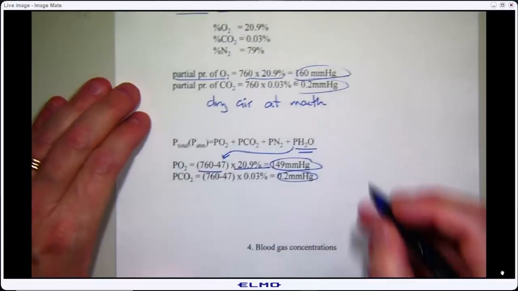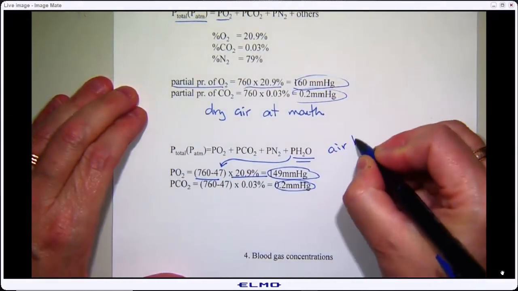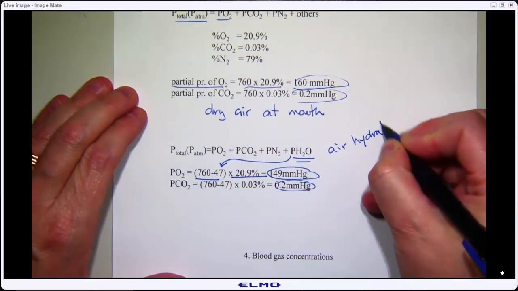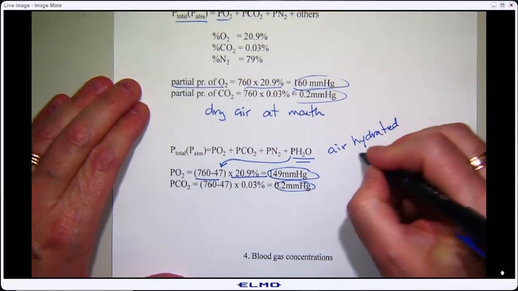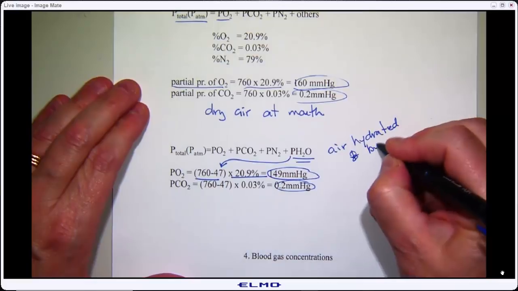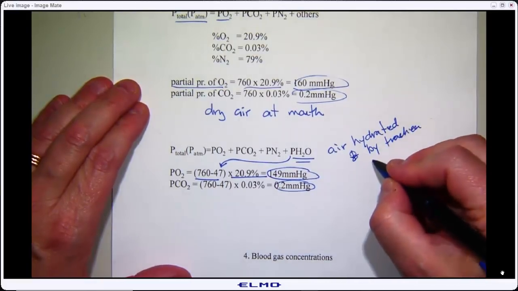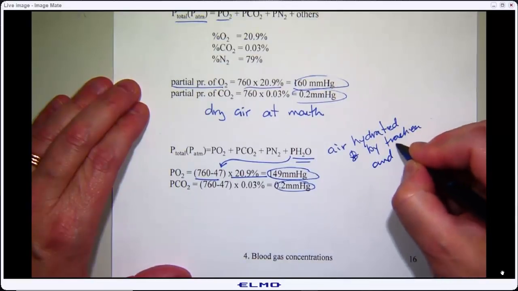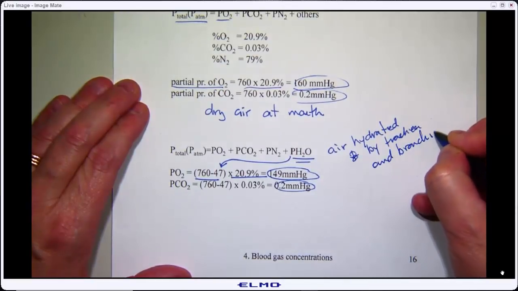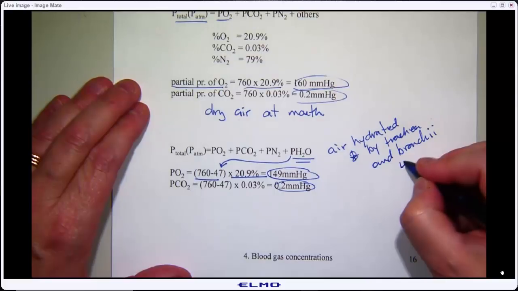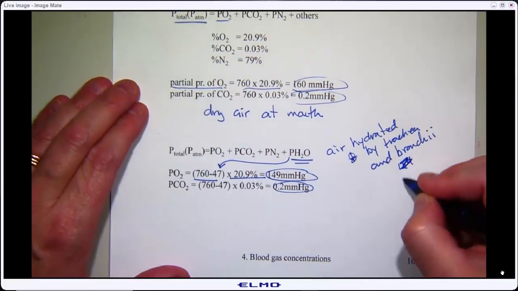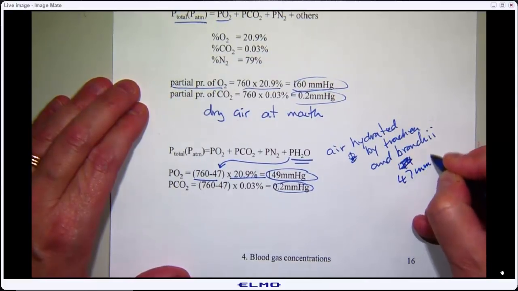This is because air is hydrated by the trachea and bronchi to the tune of 47 millimeters of mercury.